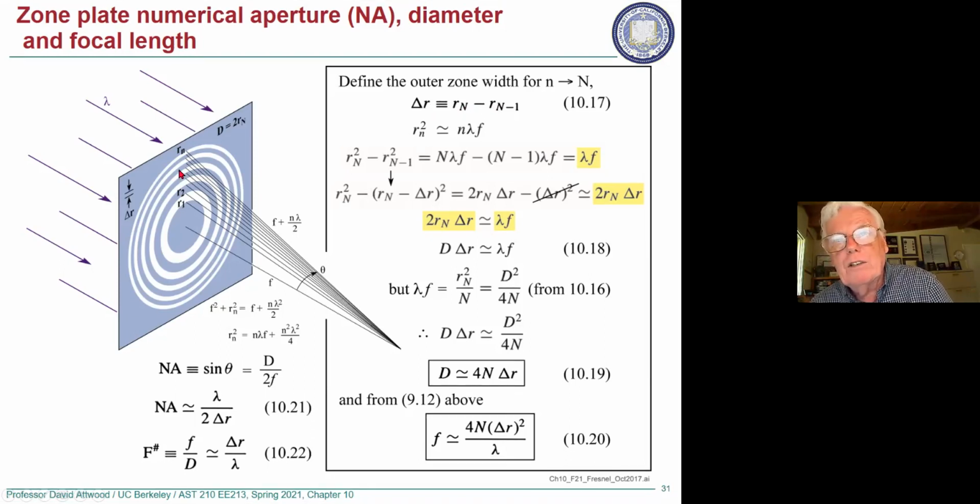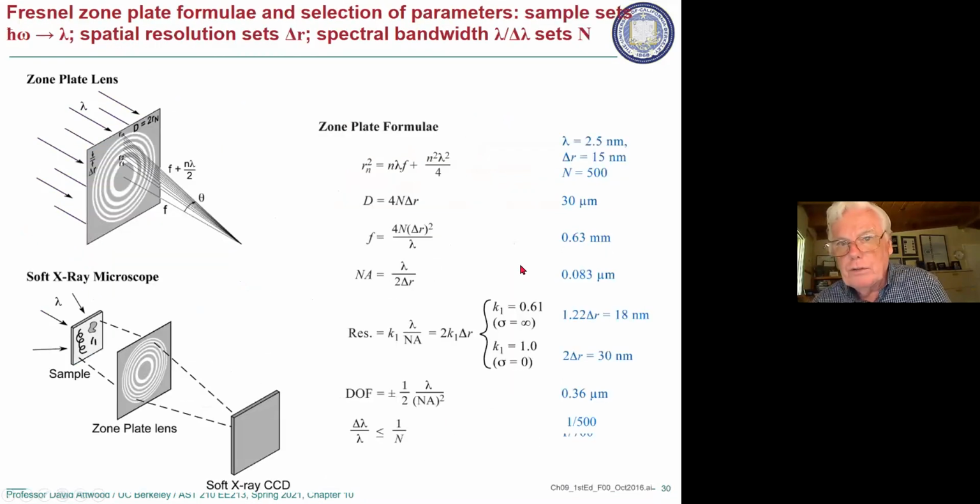So that's just the outer zone width. It's a definition. And then using that, we go through some algebra and show that the total diameter of the zone plate is 4 times the number of zones times delta R. And the focal length has this formula. So that just comes from analyzing this equation. In fact, it's sort of interesting, I should have said it here.